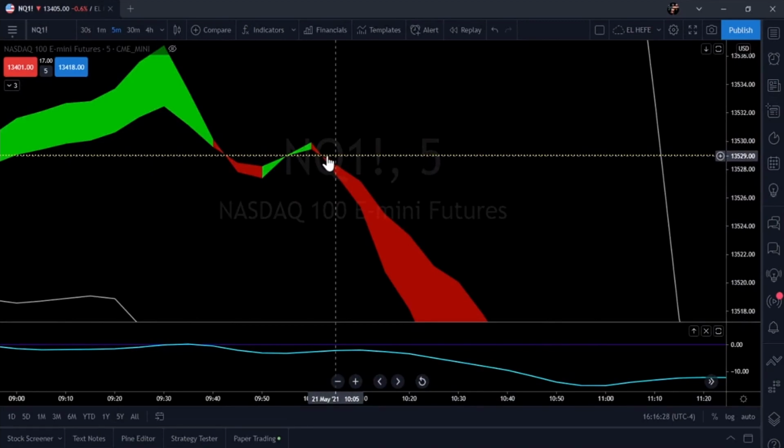And what that means is price didn't mess around right here. It left this area in a hurry. And that tells me that either a buyer or a seller walked away from that in a fast hurry. So there's some unfinished business there. That's why that level comes to be.